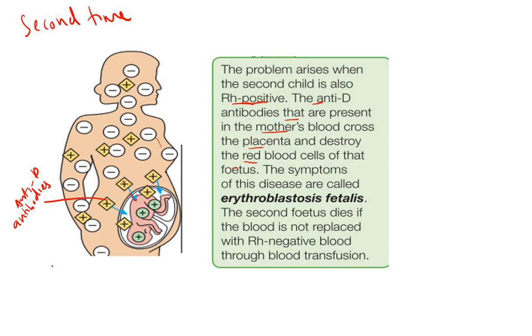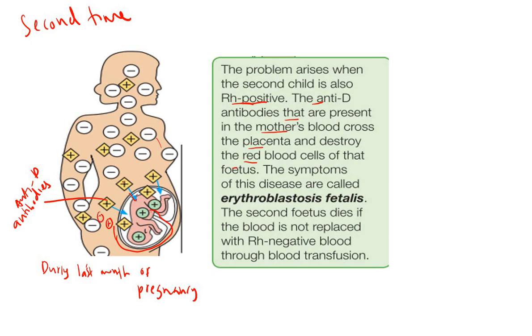During the last month of pregnancy, same as with the first child, the fetus blood will also flow into the mother's blood circulatory system.